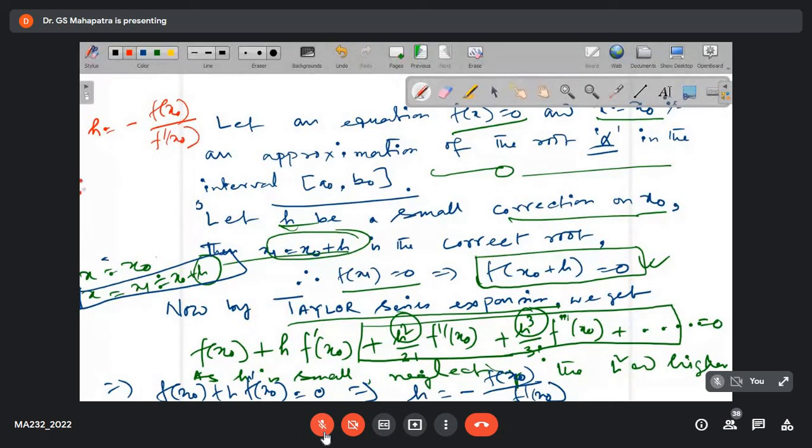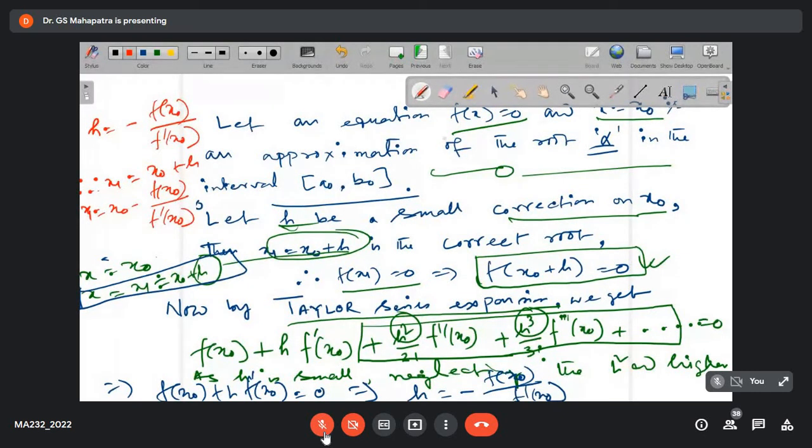Therefore x1 is x naught plus h, so x1 equals x naught minus f of x naught divided by f dash x naught.